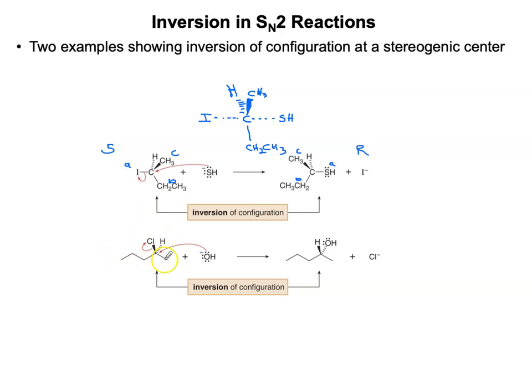If you wanted to look at this in terms of the transition state up here, it would probably be helpful to move this chlorine down then to be in the plane of the screen. So I'm going to go ahead and do that and draw it over here.